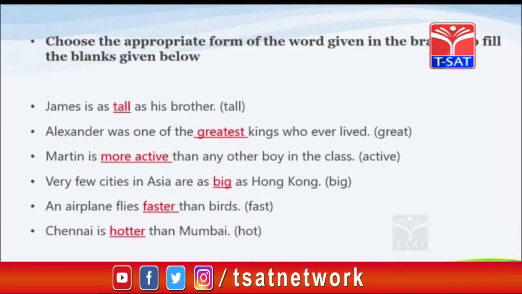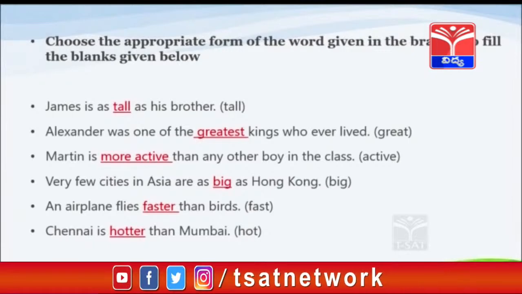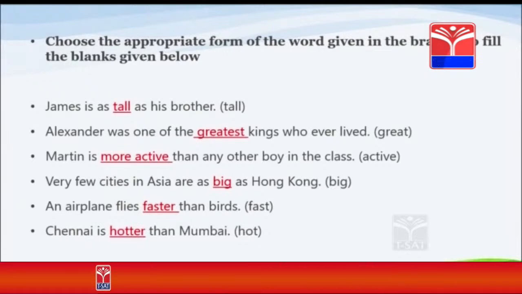Here there is no change of the word. The airplane flies faster than birds. Here the word than is there in the sentence, so we have to use the comparative degree word. Chennai is hotter than Mumbai. So here also we have used the word than in the sentence, so we have to use the comparative degree word.